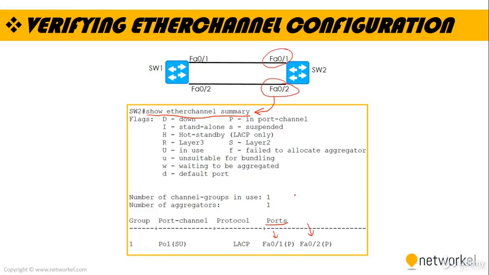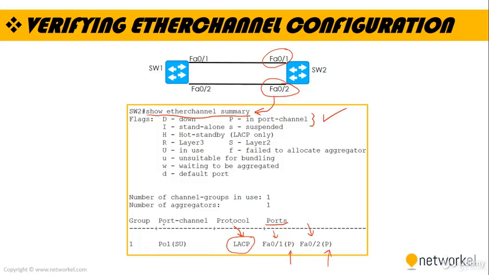Alright, pretty good. And I'm seeing a P value here. P means these ports are in the port channel, which is good news. Then I'm seeing the protocol type. We can use PAgP or LACP, as you know, and here we are using LACP. Our output says that.